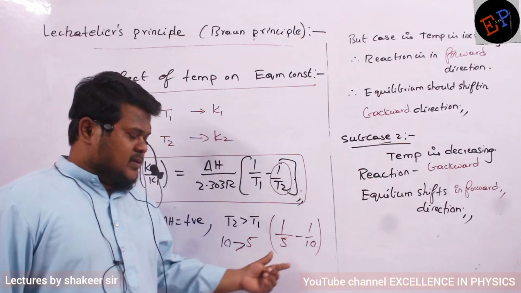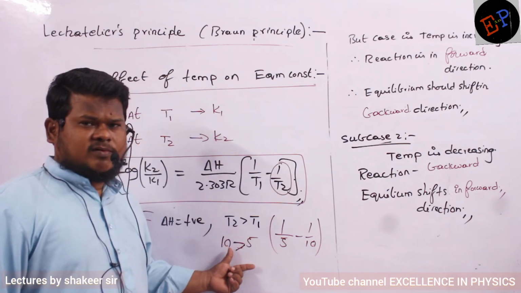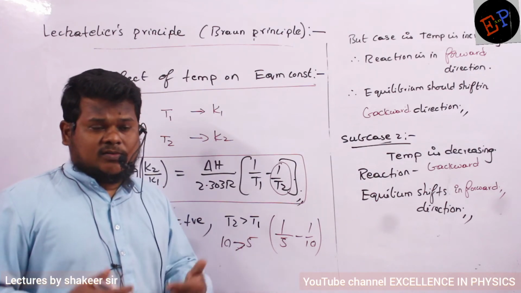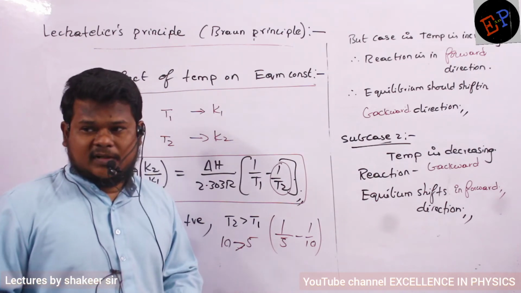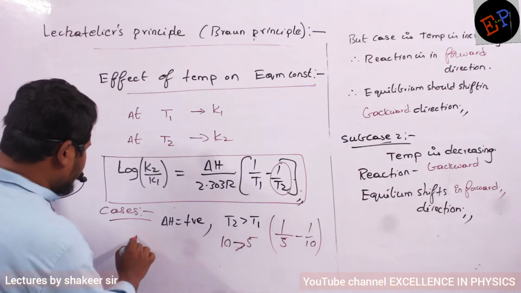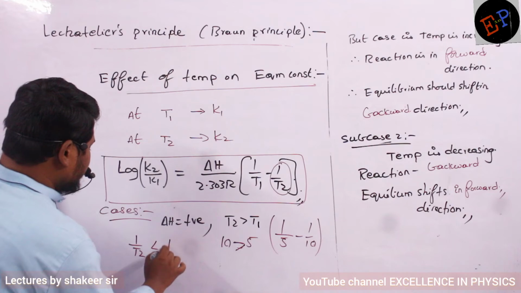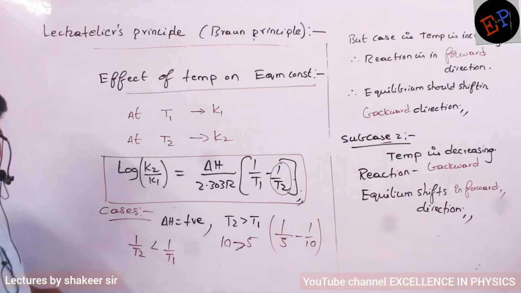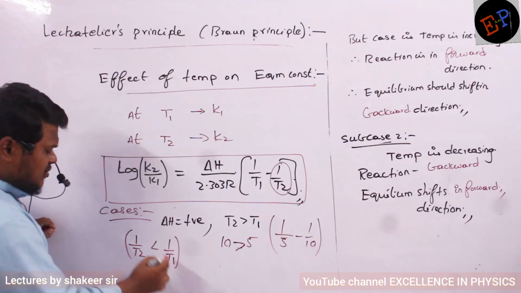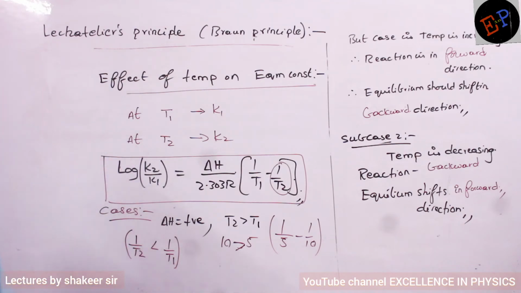So, if you take general values, one value will be bigger than the other, but if you take the reciprocal, the order exactly changes. Therefore, definitely in this condition, 1 by T2 is less than 1 by T1. If T2 is greater than T1, 1 by T2 will be less than 1 by T1.